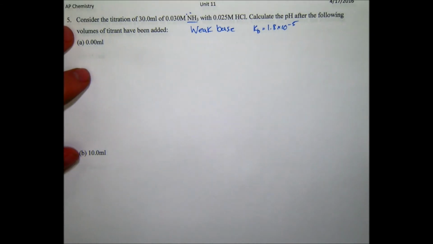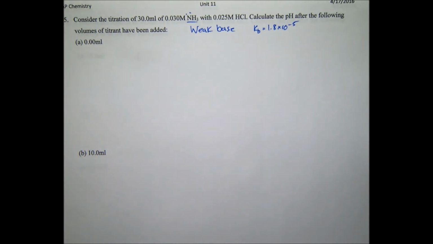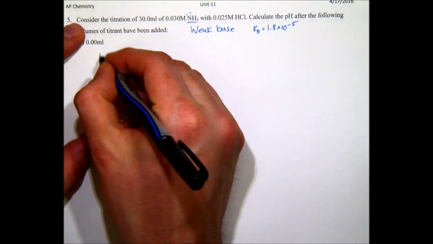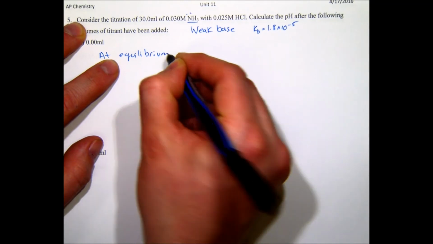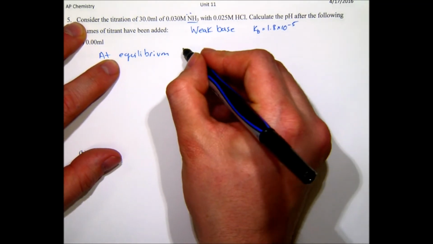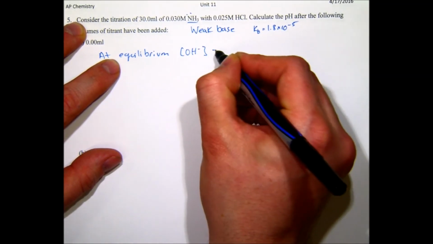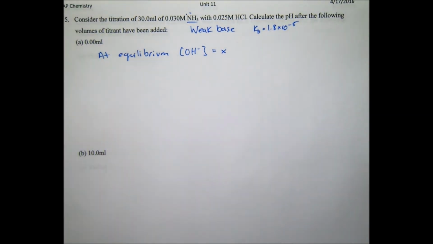When no volume has been added, we are literally just looking for the pH of 30 mL of 0.030 molar NH3. At equilibrium, the concentration of OH minus is going to be some unknown value, which we can use our ICE box to determine. I'm not going to write out the ICE box every time, because that's a lot of extra work, and we know how to do that at this point.